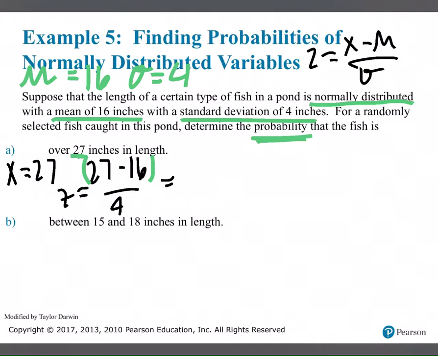And when I do this, I get 2.75. And I look it up in my z chart, so that's my z, and I want to find the probability. When I find the probability, I get 0.9970. Let's remember what that represents. That represents the area to the left.